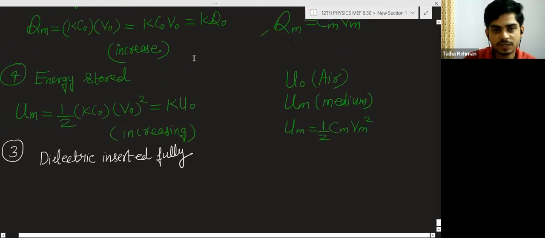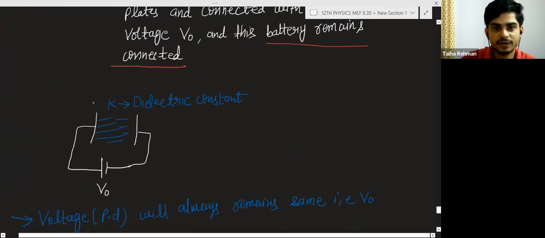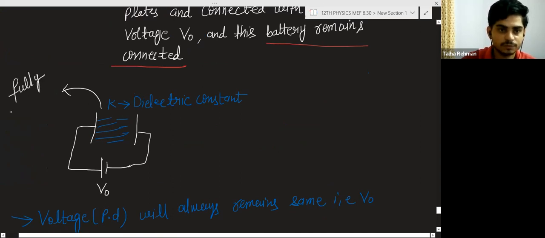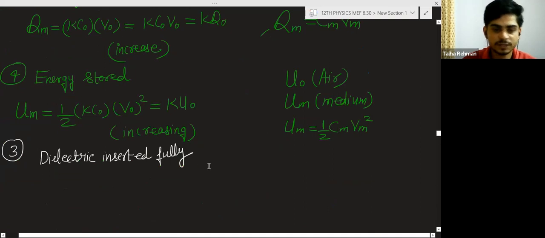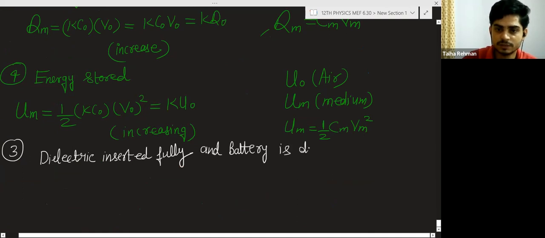In the above case, we have inserted the dielectric fully, not partially. So dielectric inserted fully and battery disconnected. Now this time the battery is disconnected.